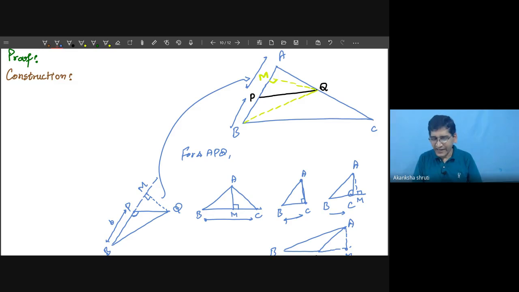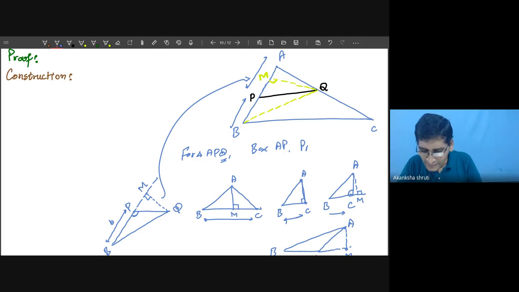Why? Because by considering AP, we can get the required ratio AP. So the base is our AP, then the perpendicular from the other vertex, the Q vertex of triangle APQ.